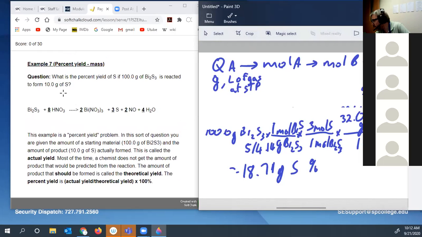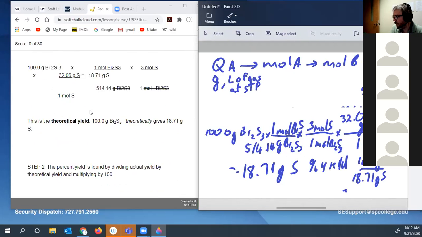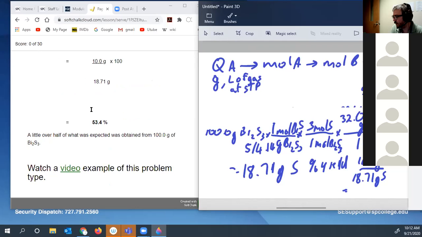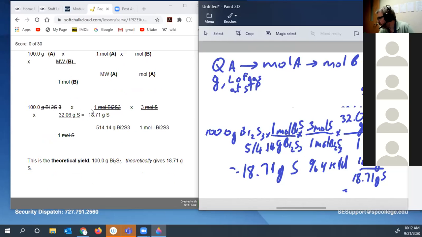So the percent yield is going to be 10.0 grams sulfur divided by 18.71 grams of sulfur. So it's a little bit more than half, which would be, in this case, 53.4%. So we got about half of what we expected to get from that reaction.